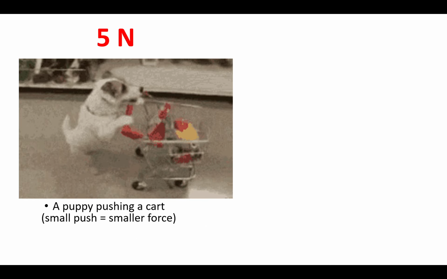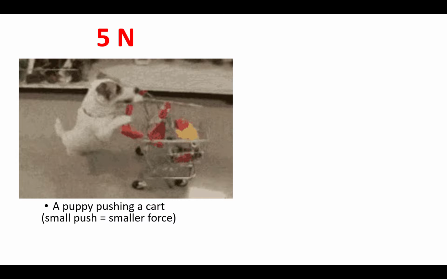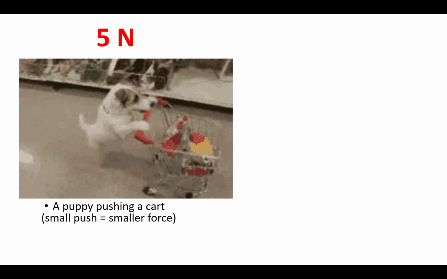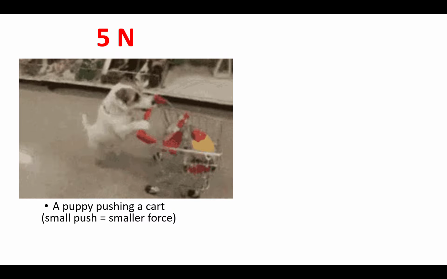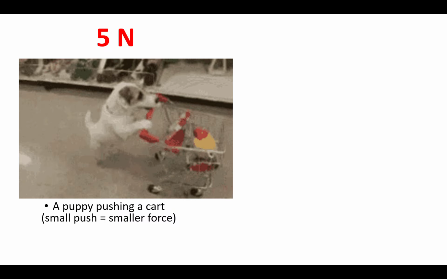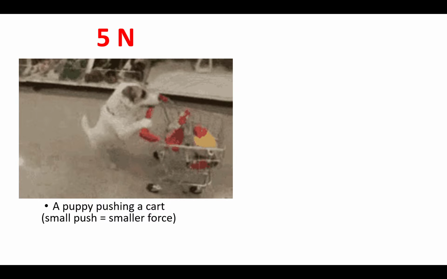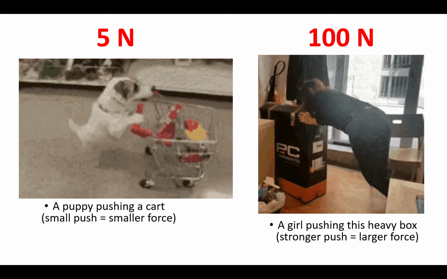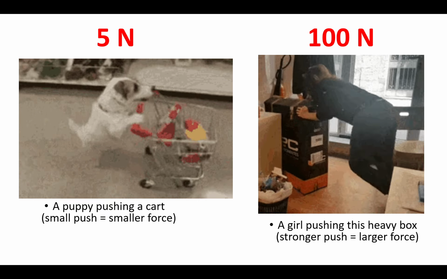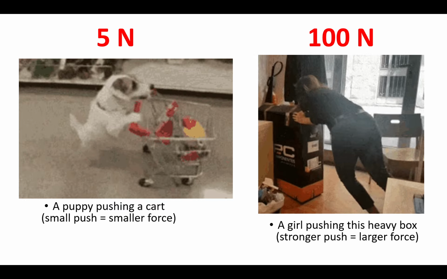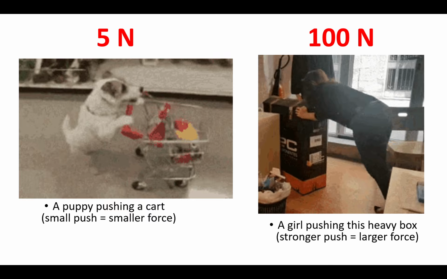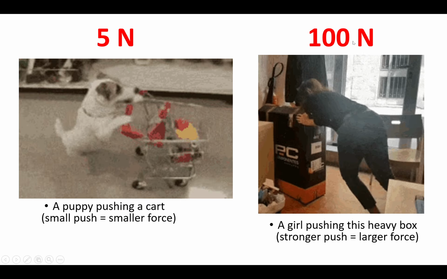For example, a small push coming from a puppy pushing a cart here has a smaller force. For example, the force applied by this puppy is 5 Newton, while a girl here pushing this heavy box exerts a stronger push, and that requires a larger force, such as, for example, 100 Newton.